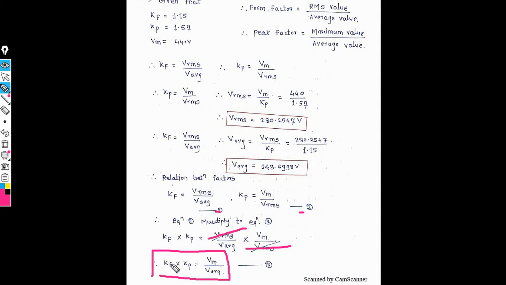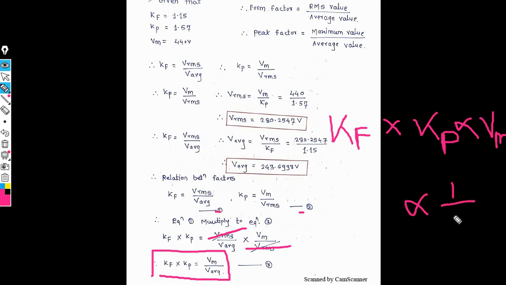That means the product of form factor and peak factor is directly proportional to the maximum voltage and inversely proportional to the average voltage.